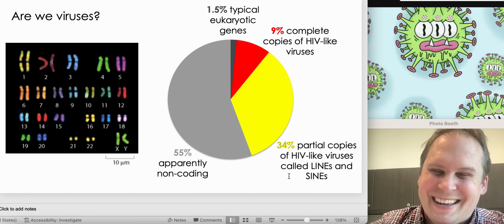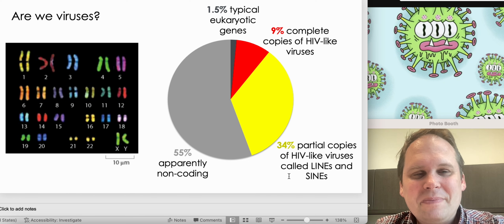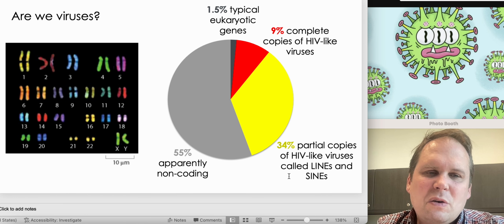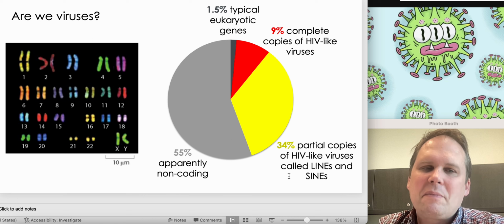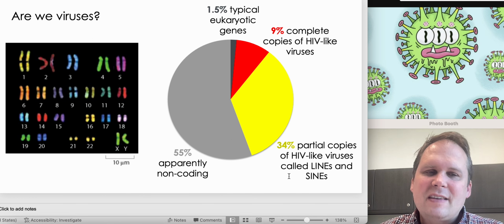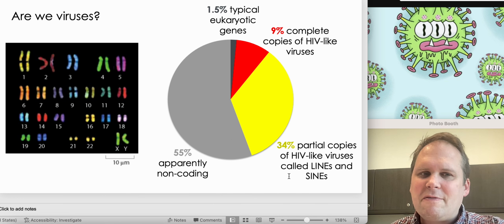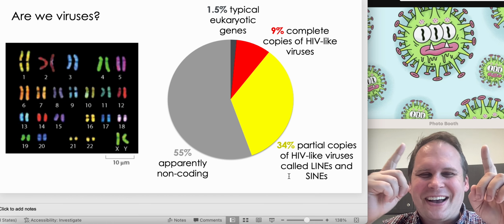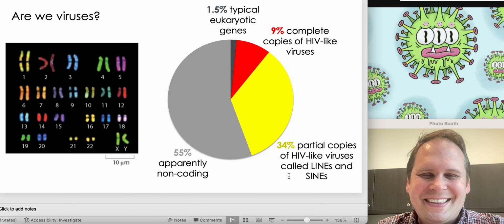That's number one. I guess we'd have to classify ourselves as a whole bunch of different viruses, and we like to classify each virus separately. So we've got so many viruses inside of us that we're kind of hard to put into a box. So is that a win for humanity? I don't know. Just look at the cute virus up there and think whatever you want.